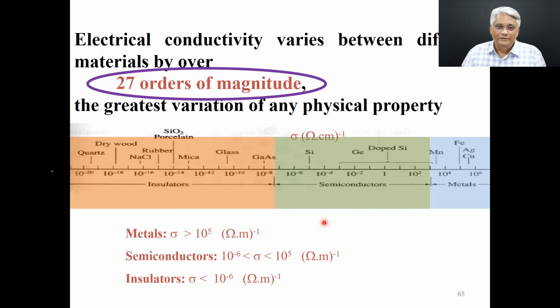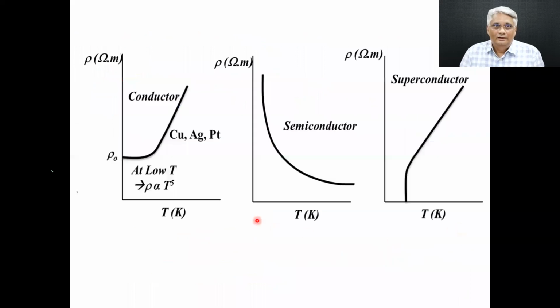The unit for resistivity is ohm meters or ohm centimeters. The inverse of that, ohm inverse meters inverse, is the unit for conductivity. It's Siemens per meter, right? The fundamental unit is Siemens per meter.